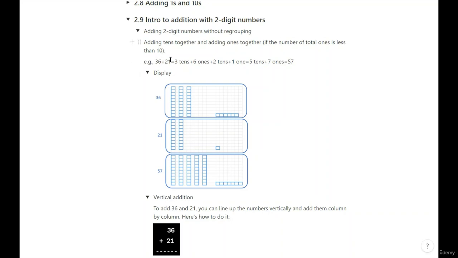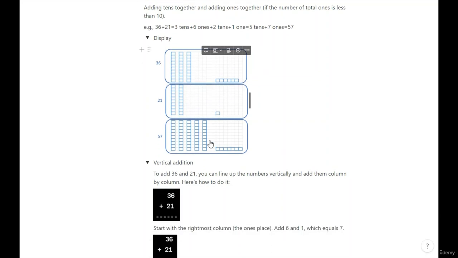This is a display of this addition. We have 36 at first. That is 3 tens and 6 ones. Plus 21. That is 2 tens and 1 one. If we put them together, we put the tens together first.